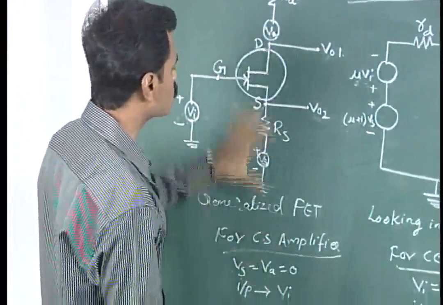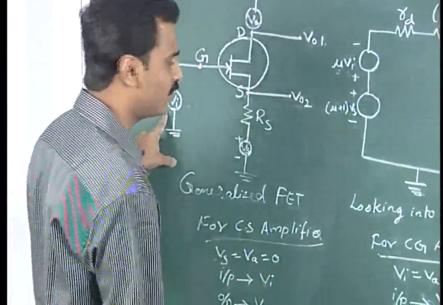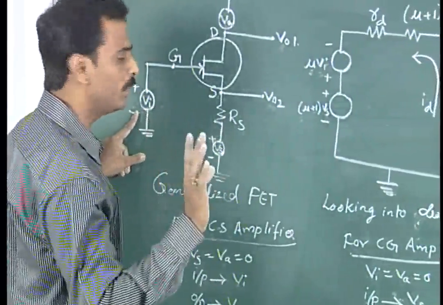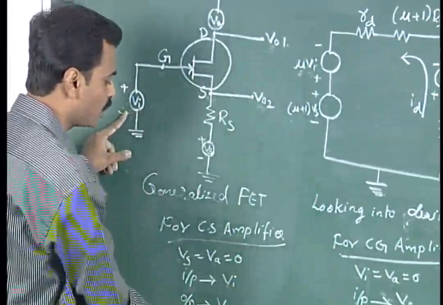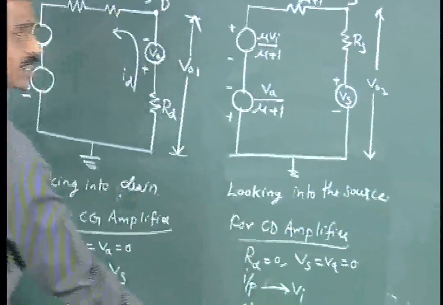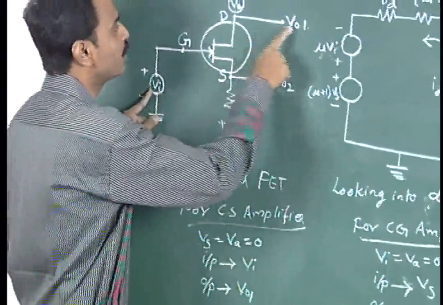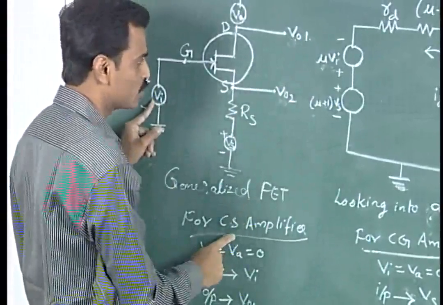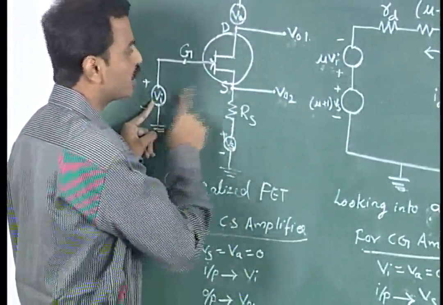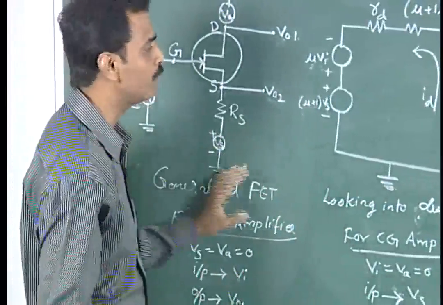In the case of common drain also, these two will be equal to 0. The only difference is in the output: for common source the output is V01, whereas for the common drain case the output is collected across V02. Vi is the input in both cases. Only this difference we have between these two.